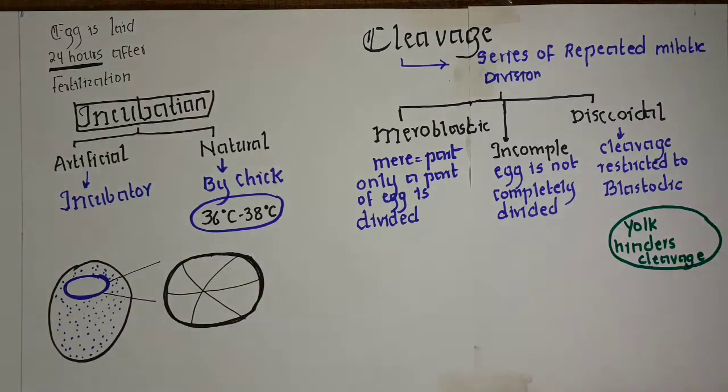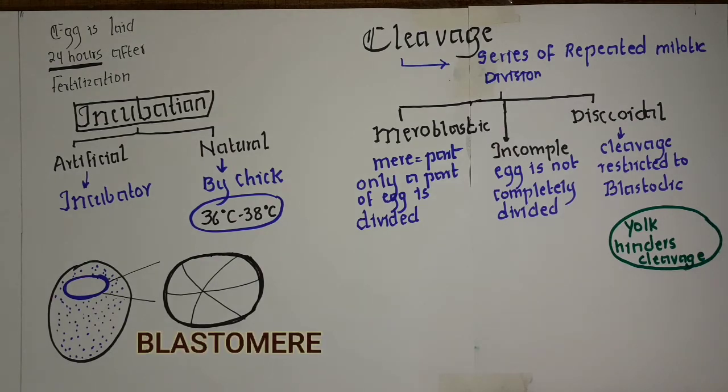And now after this we can see that 6 cells are formed in this figure, but usually 8 cells are formed. This figure is 2D, but when we see the real one, it is the 8-cell stage, and these cells are not called cells, they are called blastomeres.